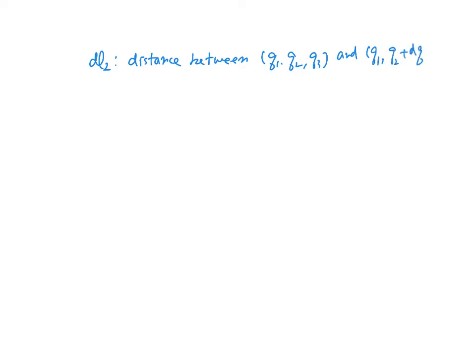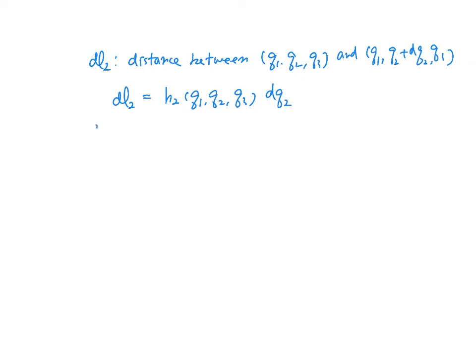So likewise, we can define dl2 as the distance between Q1, Q2, Q3, and Q1, Q2 plus DQ2, Q3. So dl2 is in general h2(Q1, Q2, Q3) times dq2.